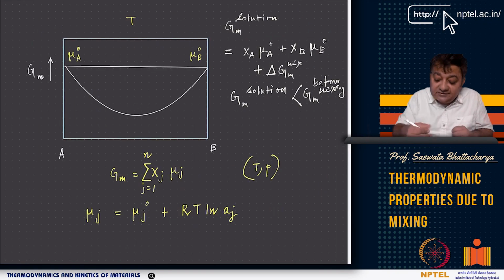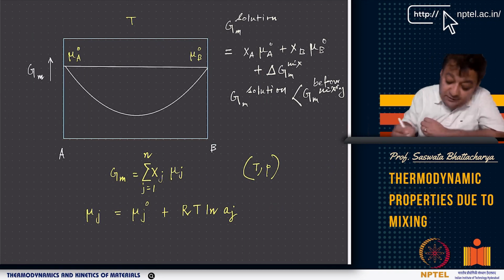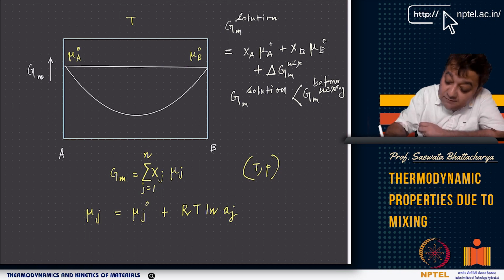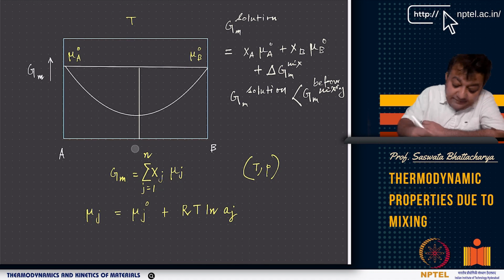So if you look at this very hypothetical simplistic situation, as I told you, say you had these reference energies, mu A0 and mu B0, and you had some composition. Let us specify some composition here, and this composition is, say, xb equal to 0.5.